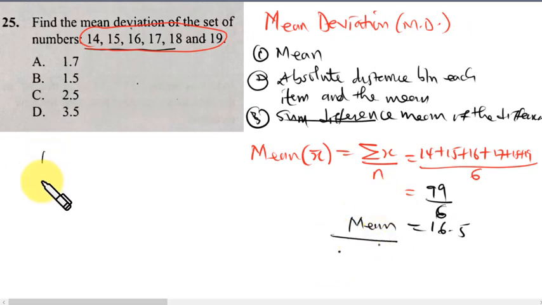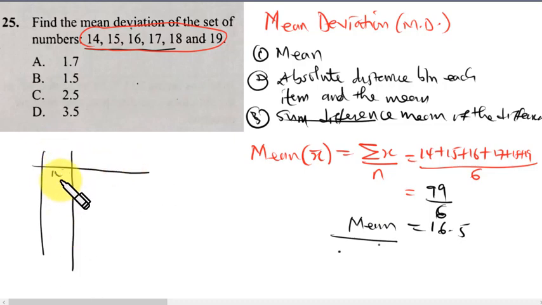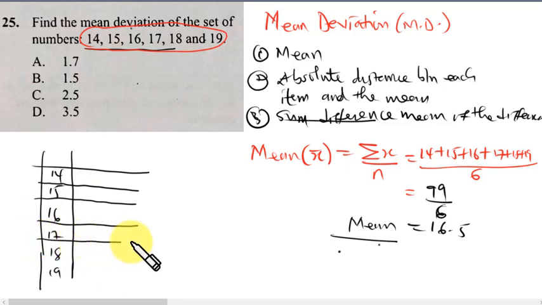So now we pick the individual points: 14, 15, 16, 17, 18, and 19. The question we are asking is how does each of the data deviate from the mean? The mean is 16.5.